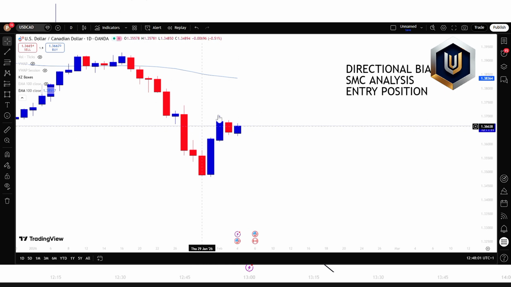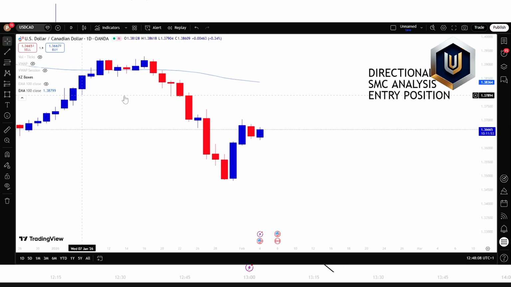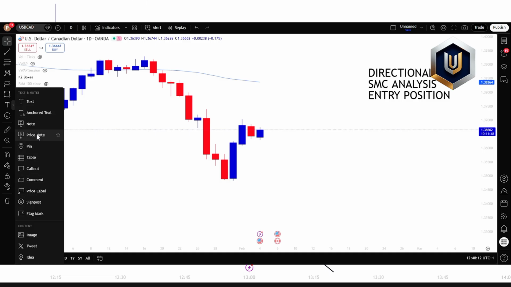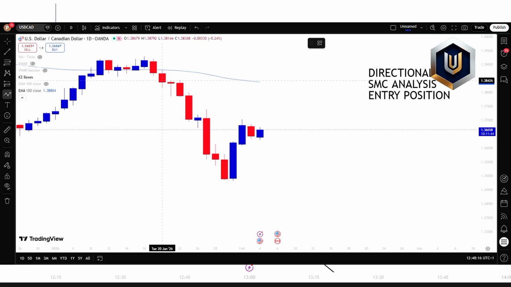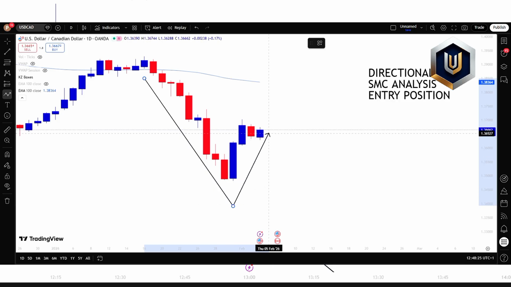Let me just do this real quick for you so you understand what I'm talking about here. All right. So when we talk about directional bias, you could see real quick that this is what happened here. The market, there was a pull down, there was a pull up, and after which the market is consolidating. So this is actually what is happening right here. Pretty much simple, as you can see.